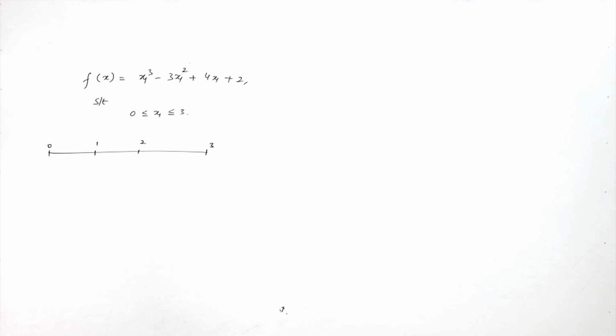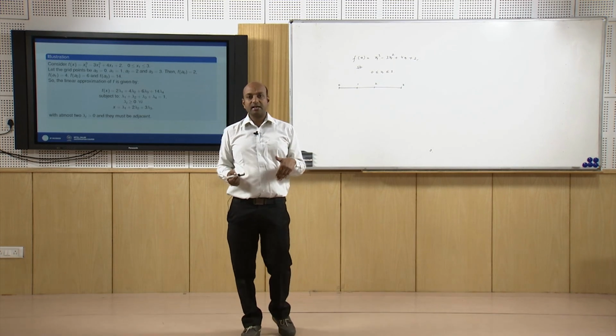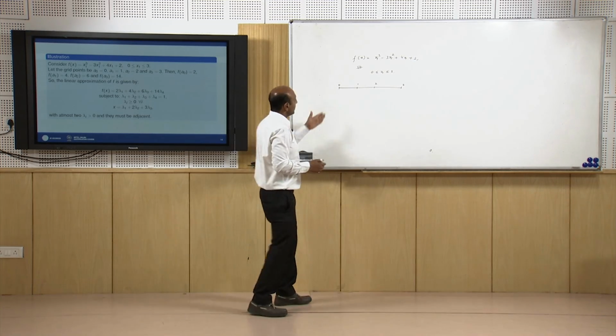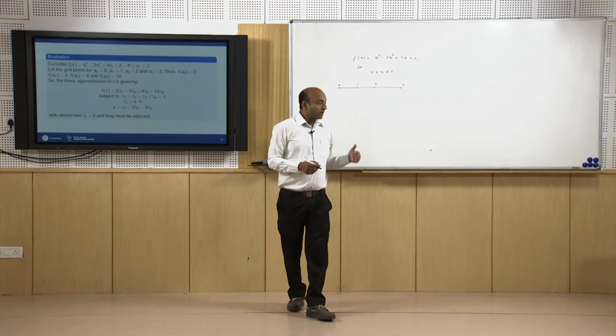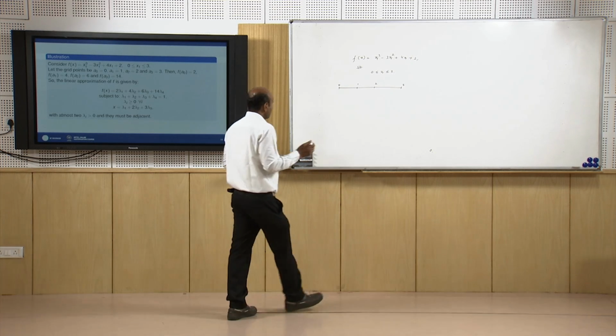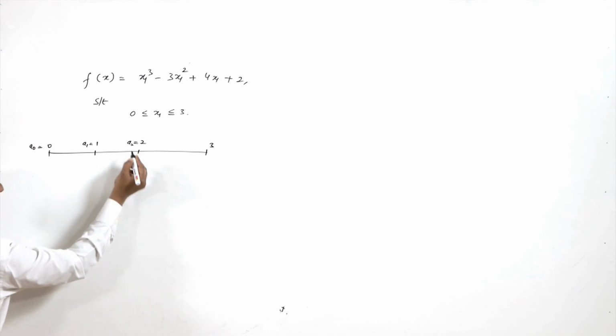We can take grid points as half also, 3 by 2 also, but it will make the calculation difficult. For convenience we take grid points as 0, 1, 2, 3. We can increase the grid points also, no problem. So, for convenience we are taking only these grid points 0, 1, 2, 3. Now, first grid point a0 is 0, a1 is 1, a2 is 2 and a3 is 3.